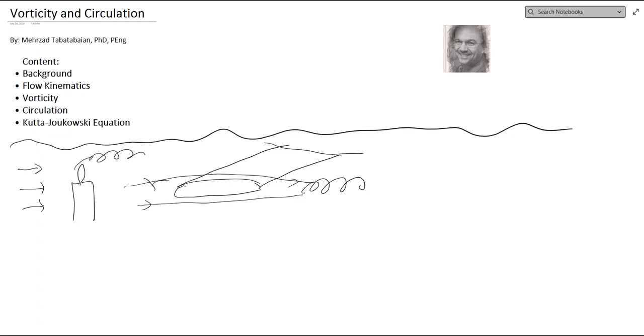So in general, we see that the flow spins. There is some rotational motion in many flows that we experience daily, or I'm sure many of us have seen it, but maybe have not paid attention to it.